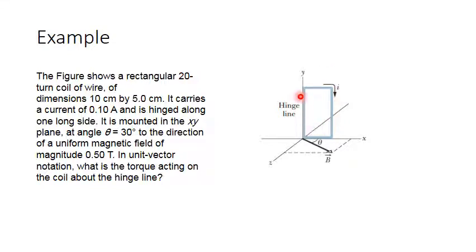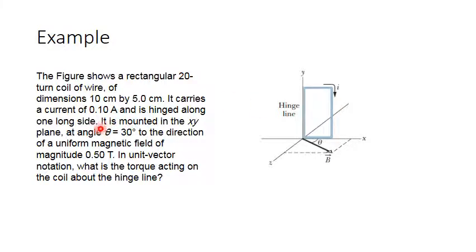So according to the right hand rule, the normal to the loop, or the direction of the magnetic dipole moment of this loop, would be in the negative z direction. By applying our right hand rule, put your fingers in this direction and look at your thumb. It will be in the direction of negative z.